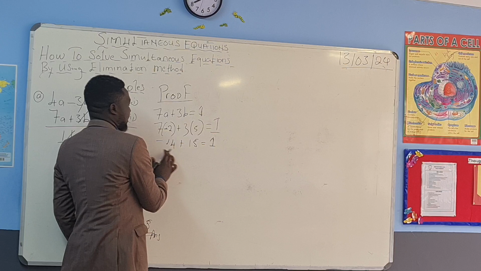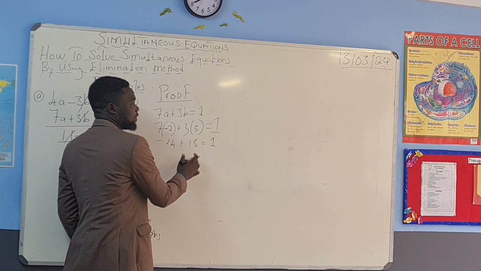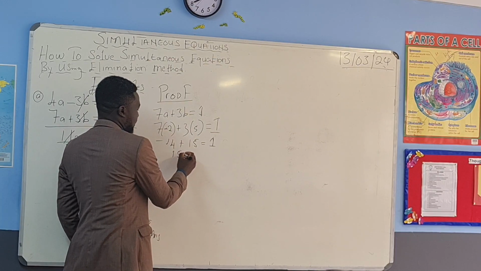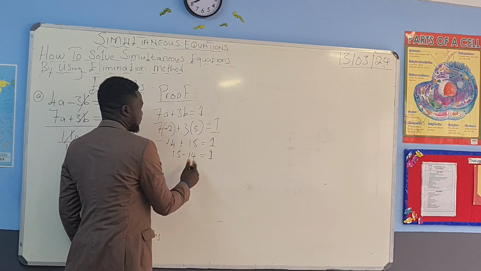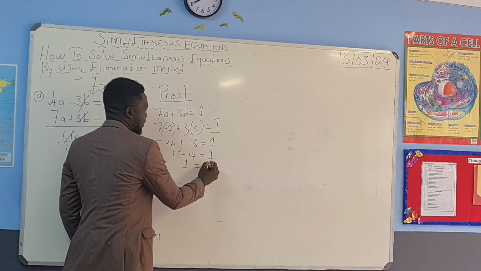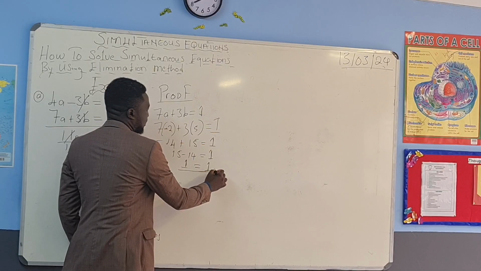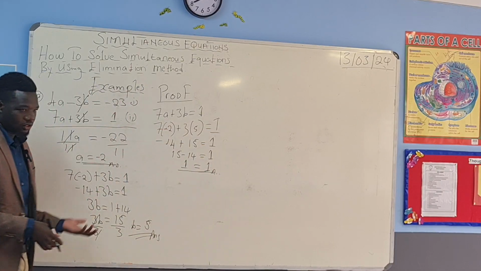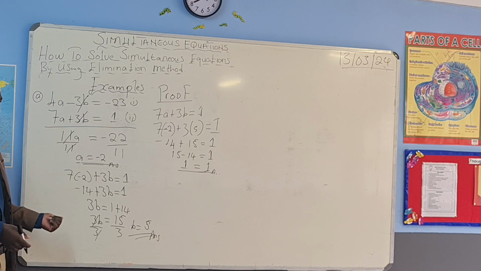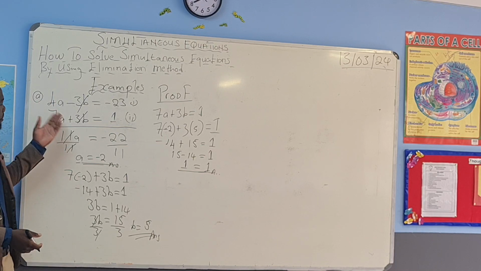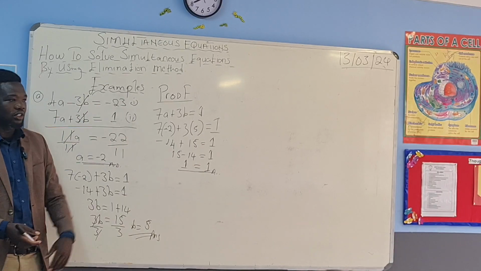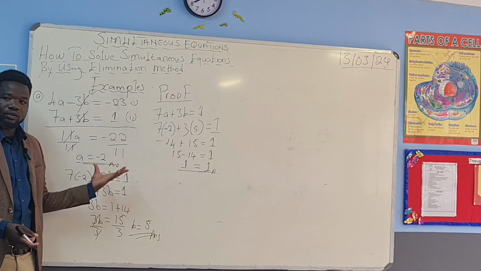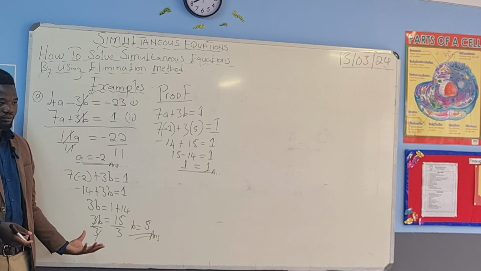Negative 14 plus 15 means 15 minus 14, which is 1. When you reach this point, then you know that what you did was correct. If you want to prove the other one, you put in the values and you get negative 23. This is how you prove that the answer is correct.